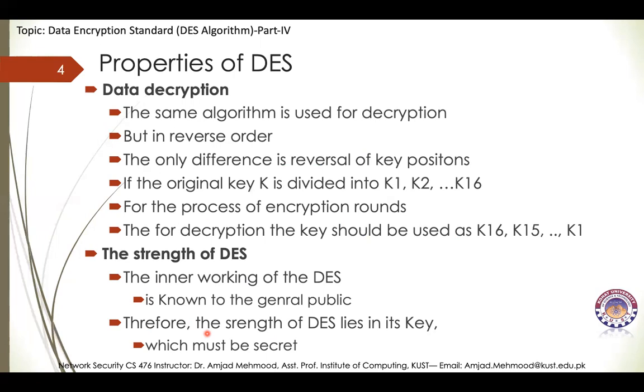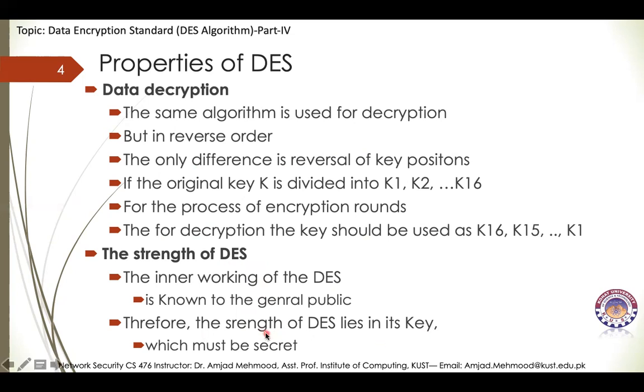You cannot even predict what kind of key is used, because you have a 56-bit original key, and from the 56-bit key you produce subkeys. So it is very difficult for the attacker or intruder to guess which key you have used. That's why the strength of DES lies in its keys.